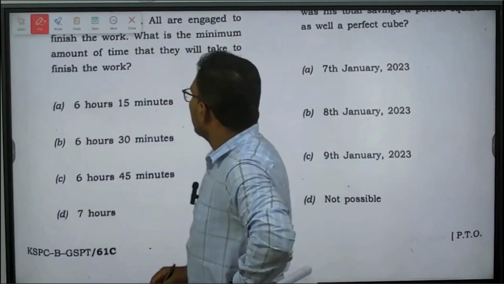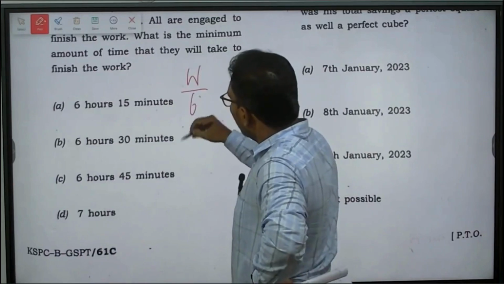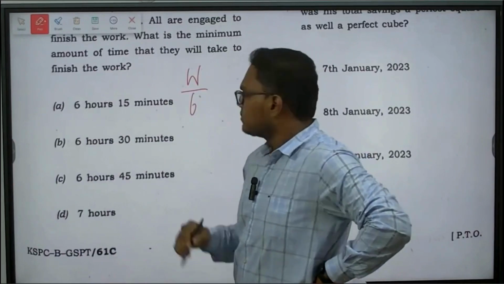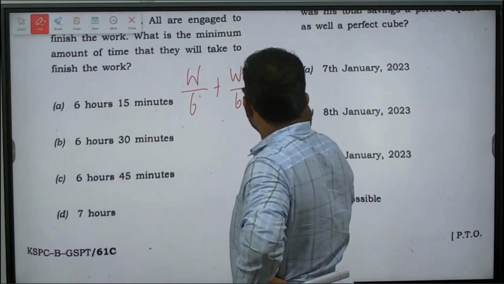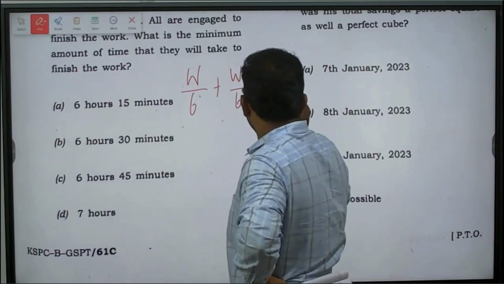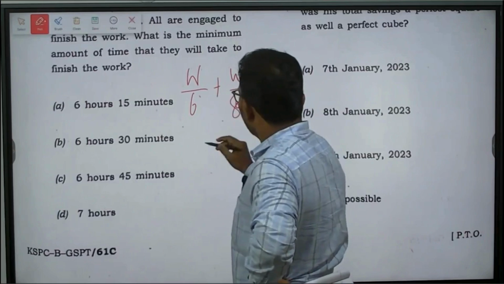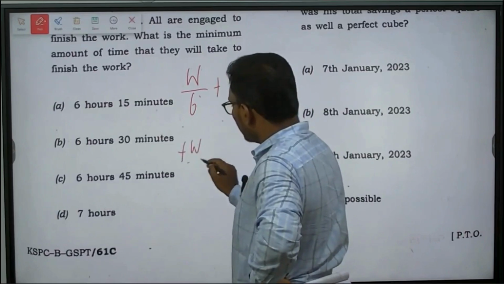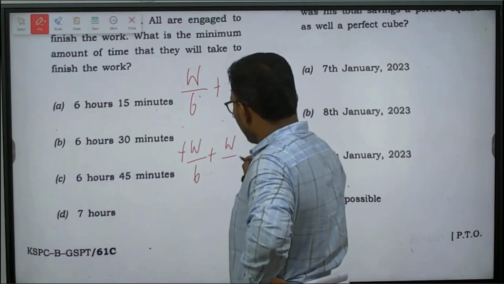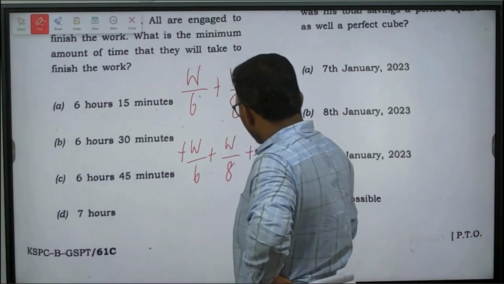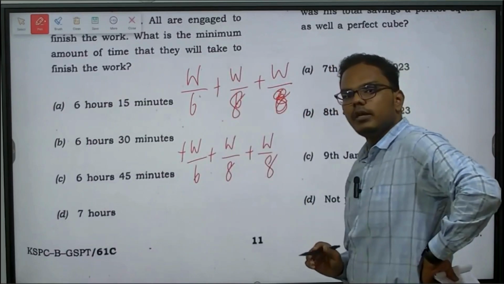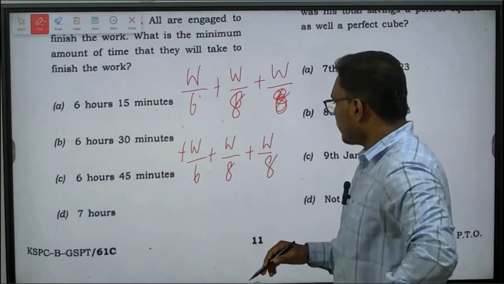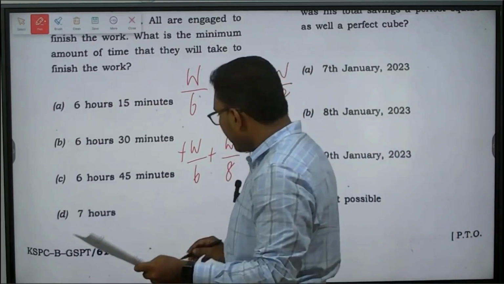So assume that X works, then Y works, then Z works. Then again X works, Y works, and then Z works. So 1 hour, 2 hours, 3, 4, 5, 6 hours. If you add everything, you'll get 5W by 6.